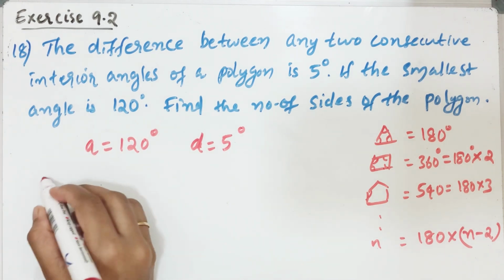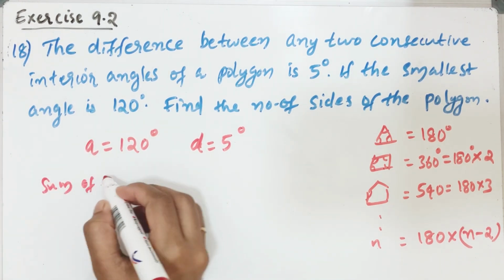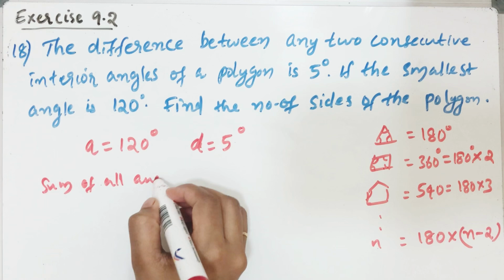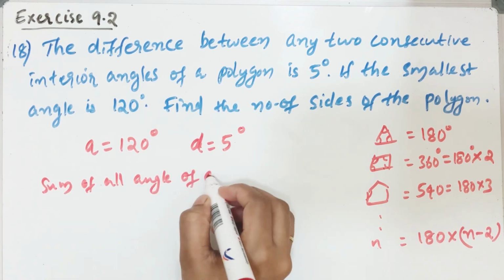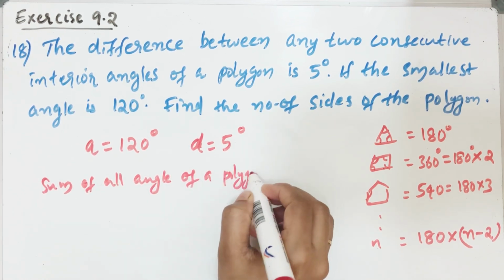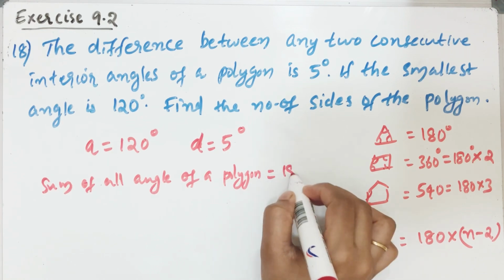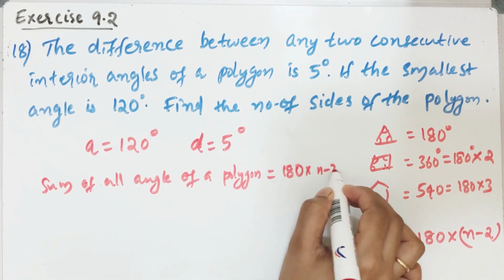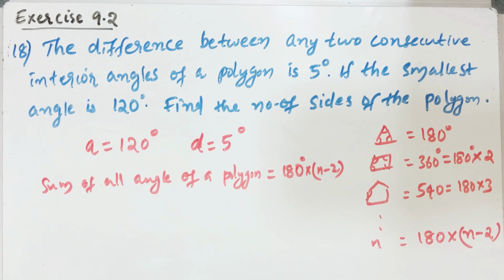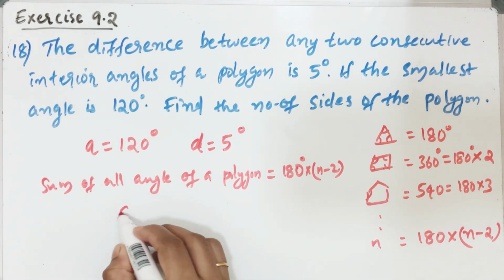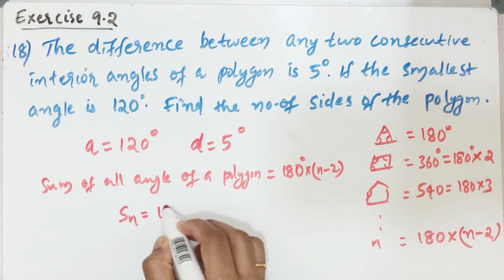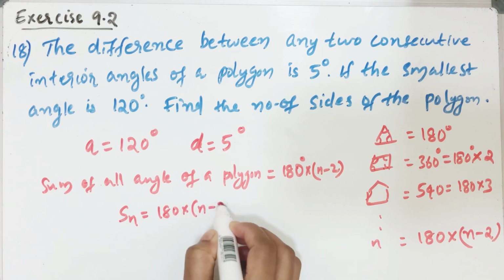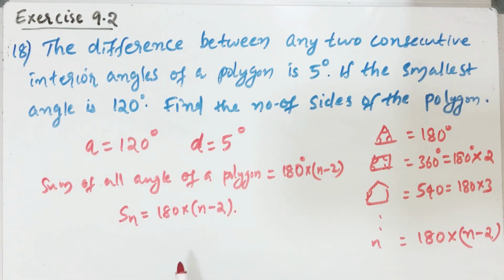So we can say sum of all interior angles of a polygon is 180 into n minus 2. That is Sn is equal to 180 into n minus 2. But what is Sn?